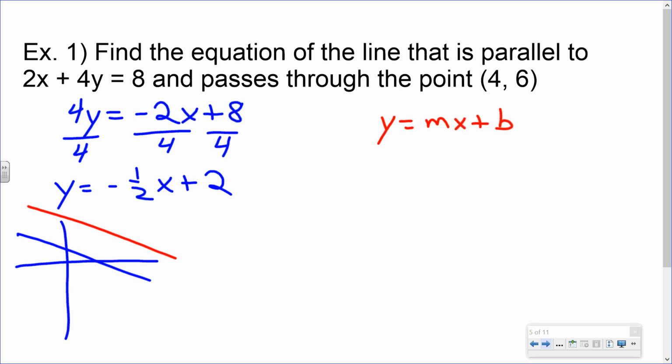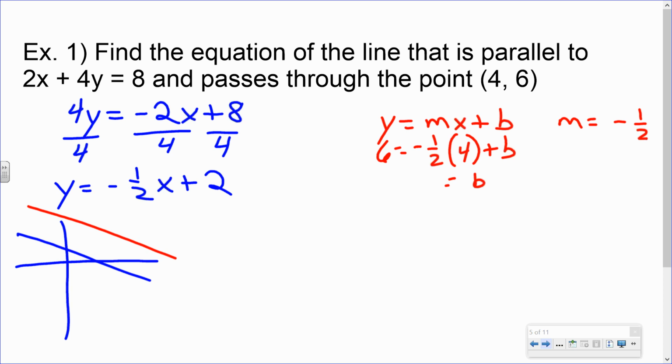And then what else are you putting into that? Like your 6 for y and your 4 for x, and you already have your slope going in. Oh, so first, very good, because they're parallel, this slope is also going to be negative a half. So we can put a minus a half here, and then don't do something like I do. Don't say just because 4 is first, I'm going to write it first. Pay attention. 6 is the y, x is the 4, and we can solve and get what b is.